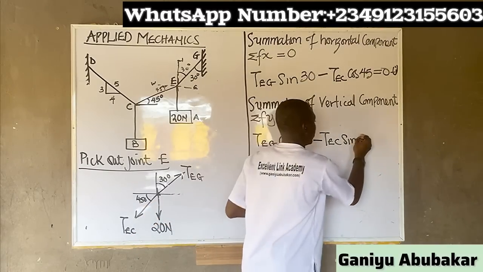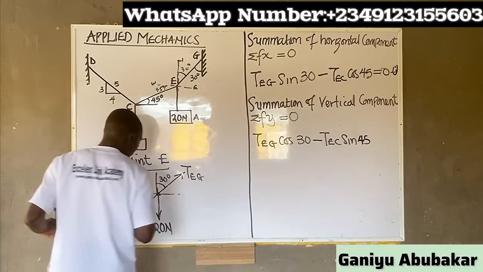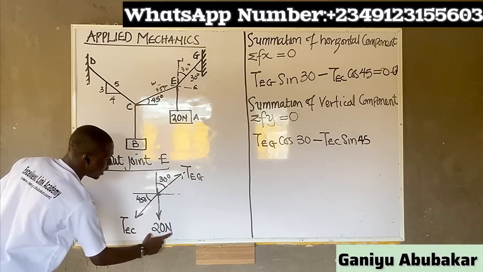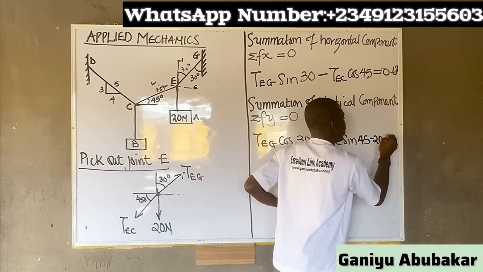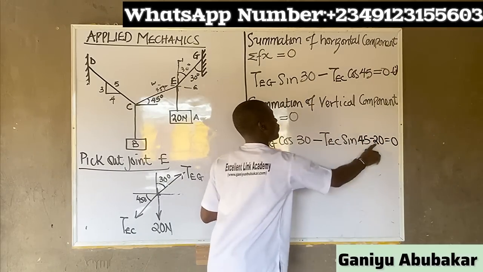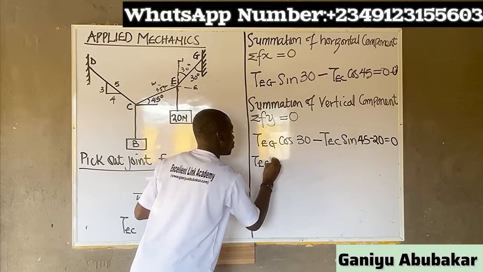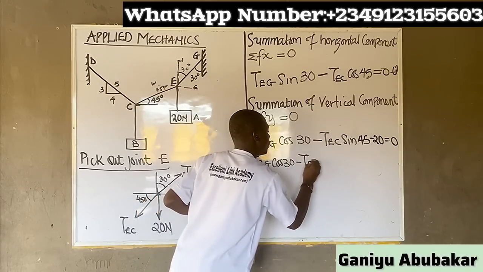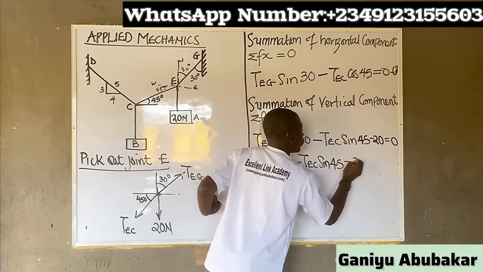If you observe this place here, this one is going downwards. So going downwards, that gives you a negative, that gives you minus 20. Minus 20 equals 0. Take 20 there. That gives you TEG cos 30 minus TEC sine 45 equals 20.